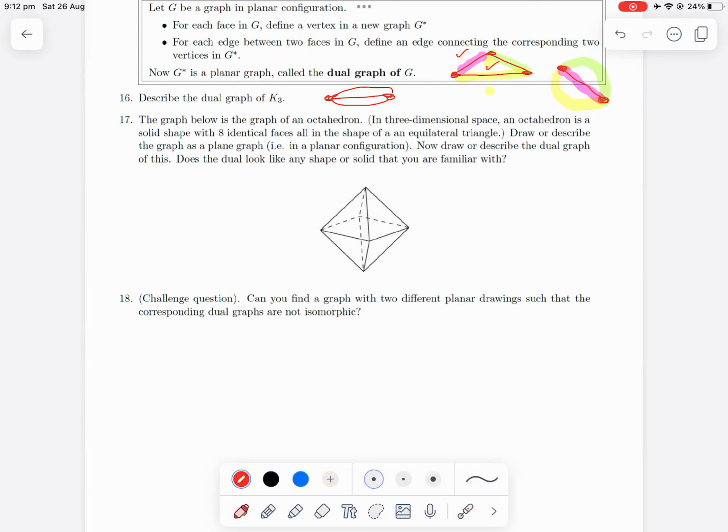Okay, so what we want to do, the face outside.